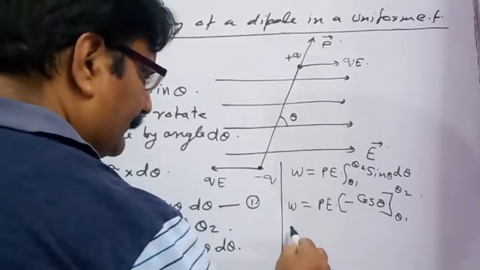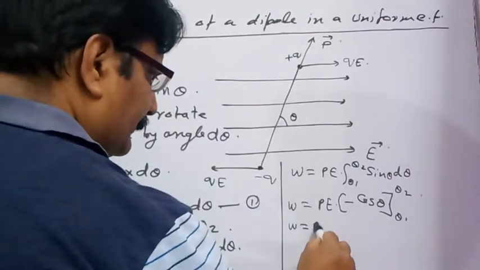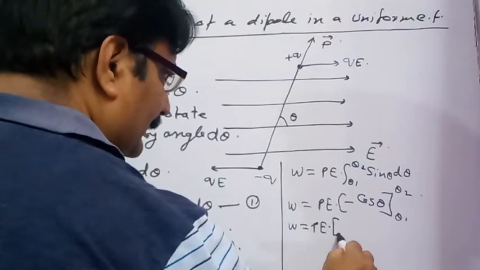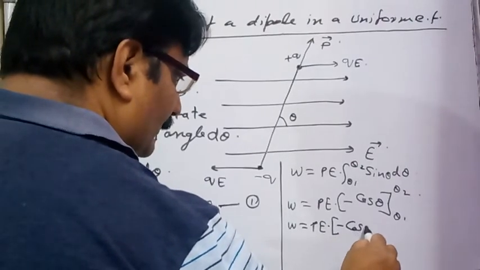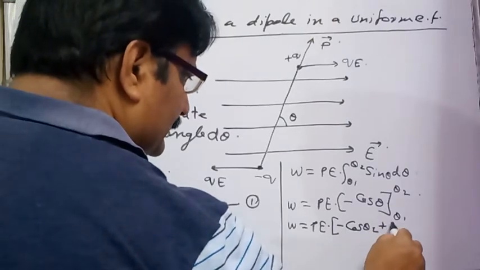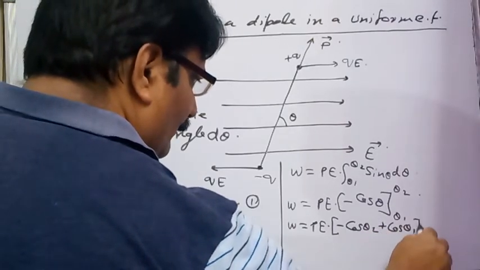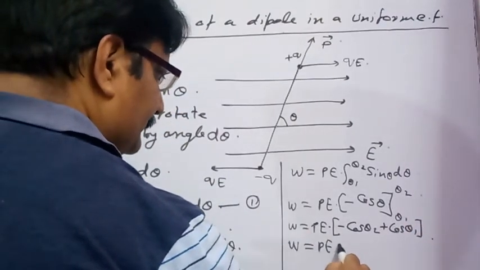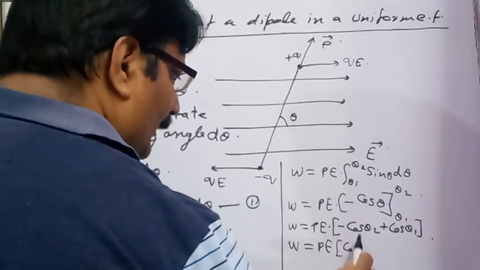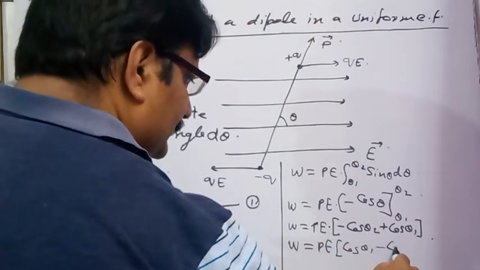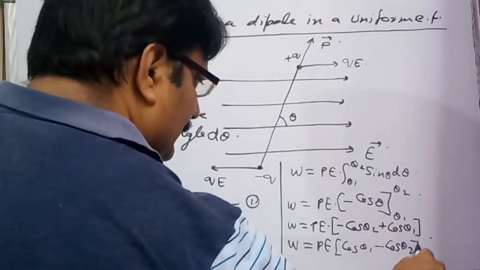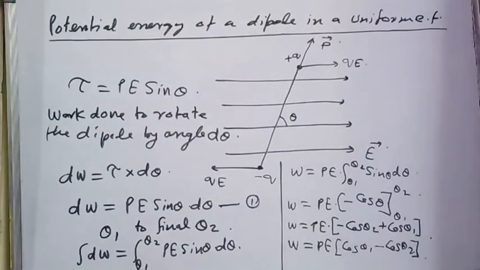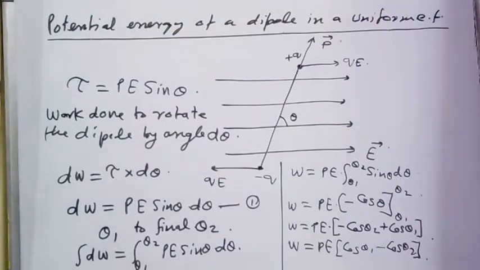Then after putting the limits, we get work done as PE multiplied by minus cos theta 2 plus cos theta 1, and this can be written as W is equal to PE into cos theta 1 minus cos theta 2. So students, as you know, the potential energy of a system is always considered with respect to a reference position.